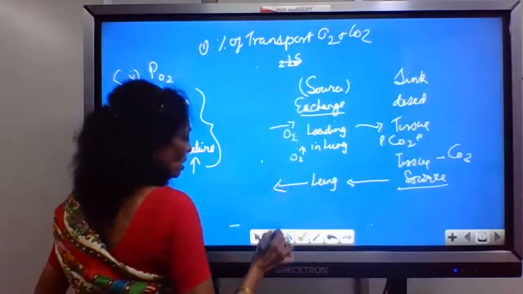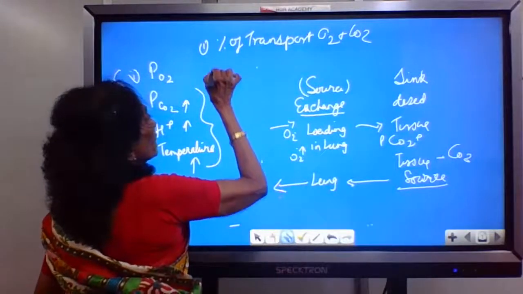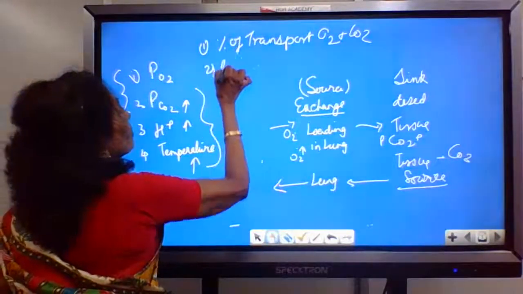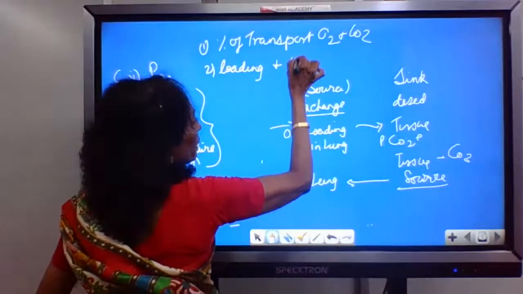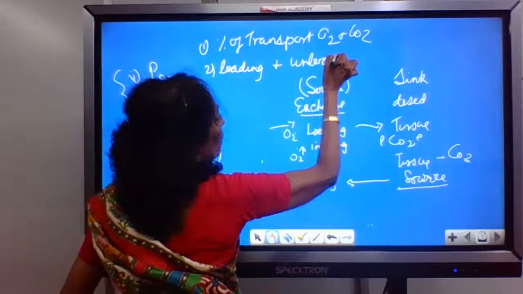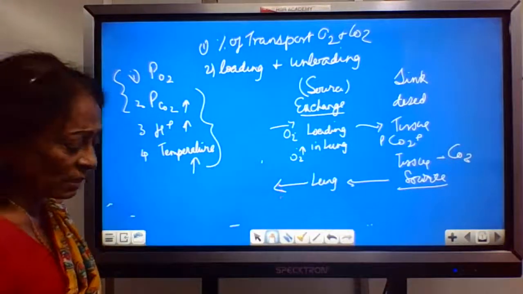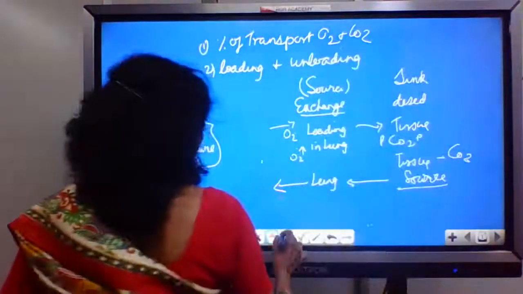We will write it in simple language: where the gases are loaded, and unloading. Simply, where they are saturated and where they are passing the gas. Both, it applies to both the gases, right?